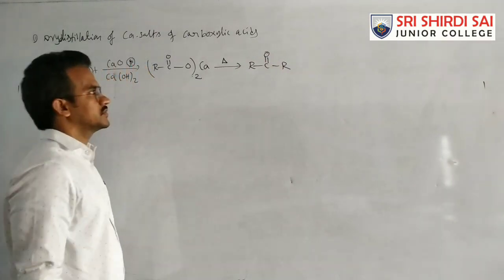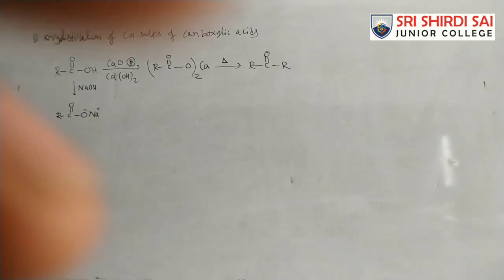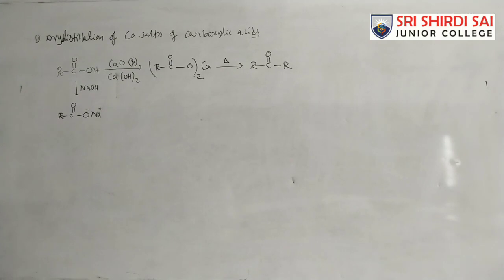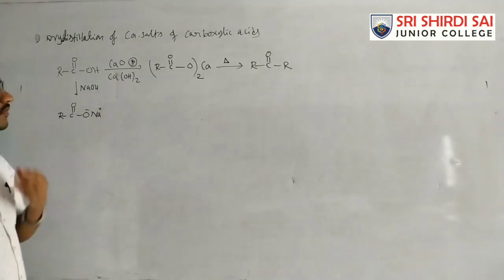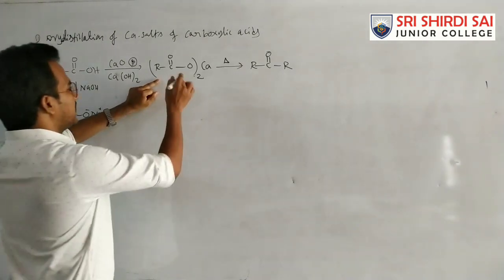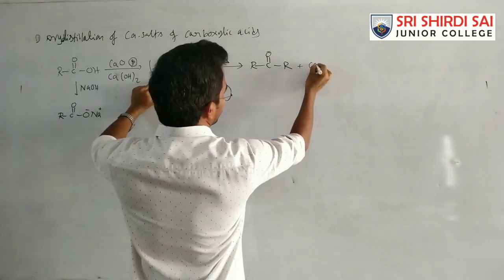Now here, this one on further heating, we will get the ketone, RC double bond O R. Okay, dry distillation of calcium salts of carboxylic acid. This one on heating gives a ketone plus calcium carbonate.